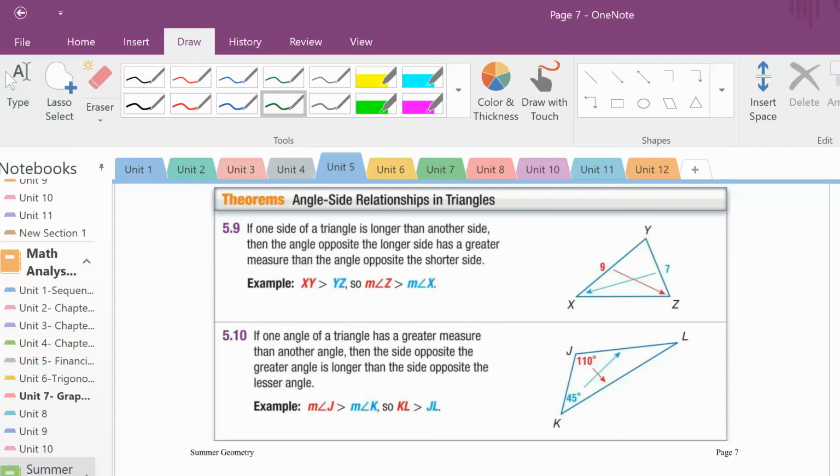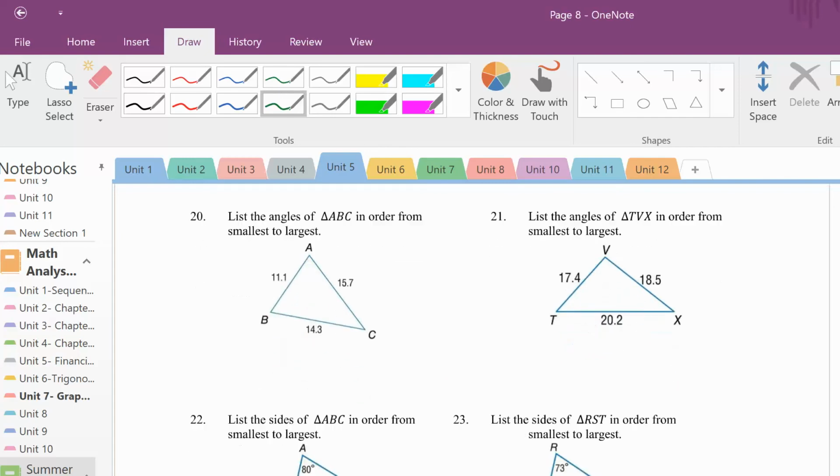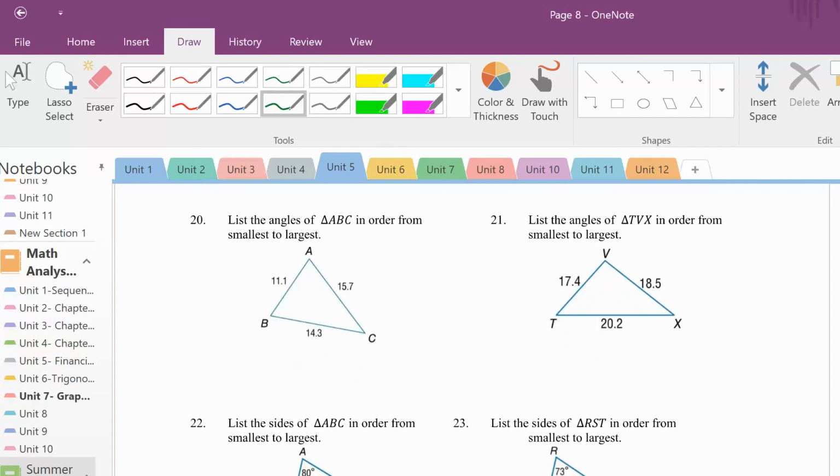So if you look at the next page and it says list the angles in ABC in order from smallest to largest, well, the smallest side is 11.1. So if you go opposite that, angle C would be the smallest angle. 14.3 is next, so angle A would be the next, and then B would be the biggest. Number 21, list the angles here.